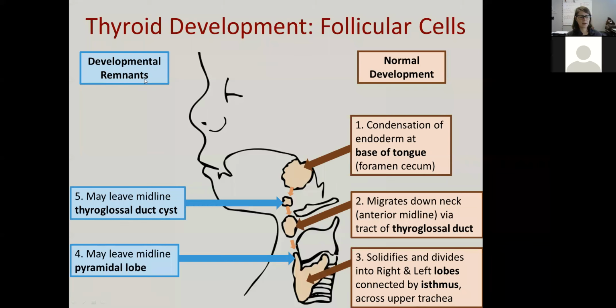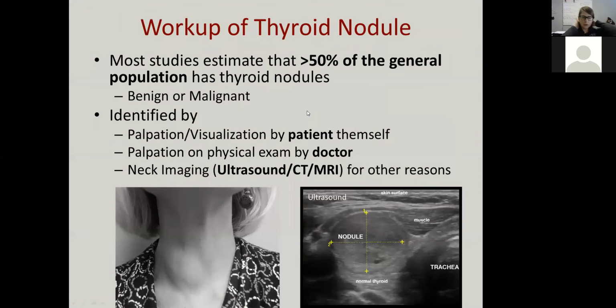Because of that pathway of descent of the thyroid, of course, we know that there can be ectopias, either too high or too low, specifically things like pyramidal lobes or descending down into the substernal area. We certainly know about the possibility of the thyroglossal duct being persistent and cystically dilating, i.e. thyroglossal duct cyst.